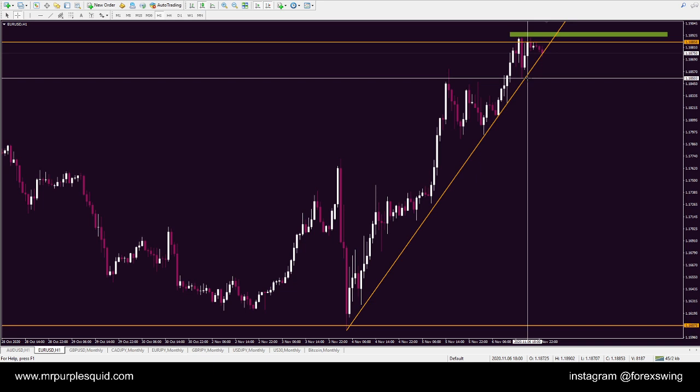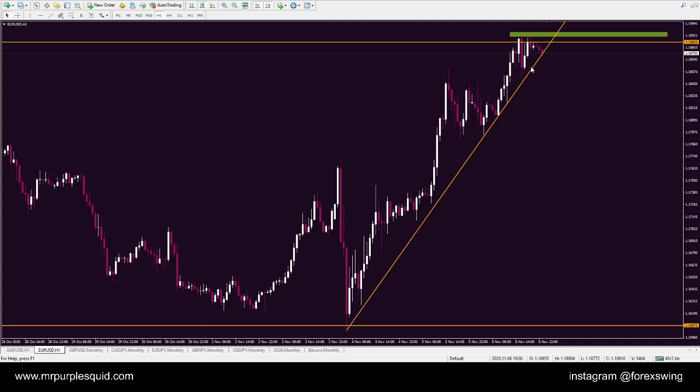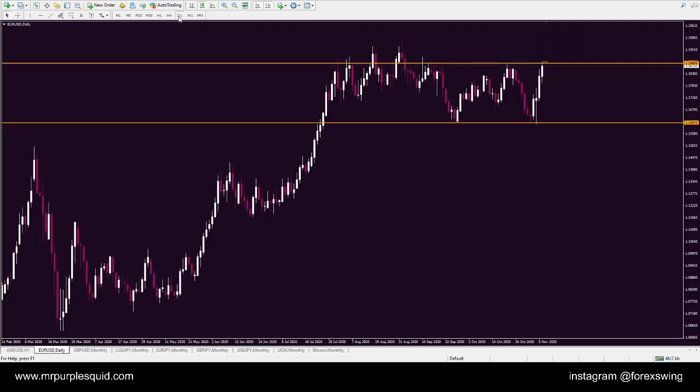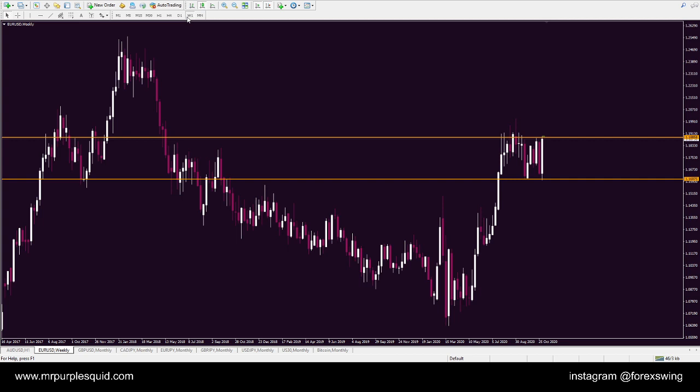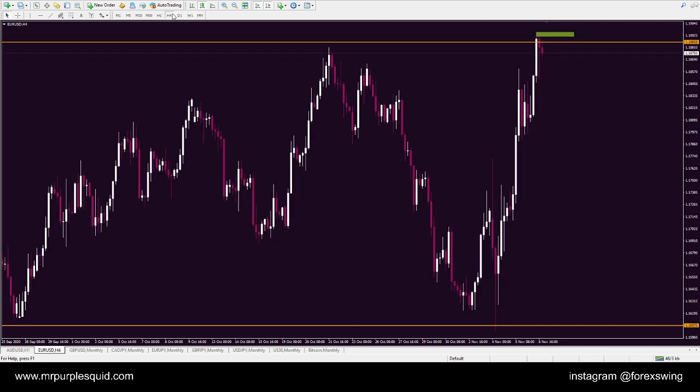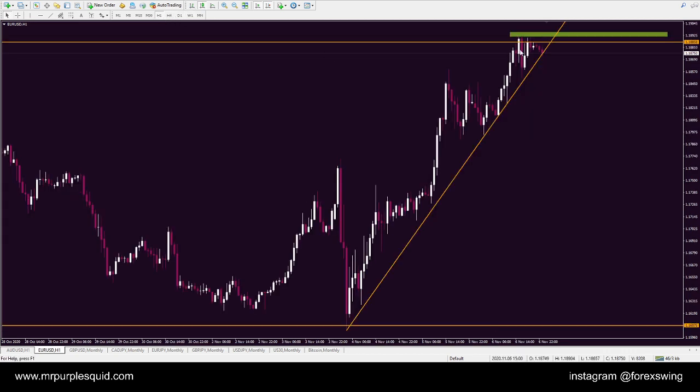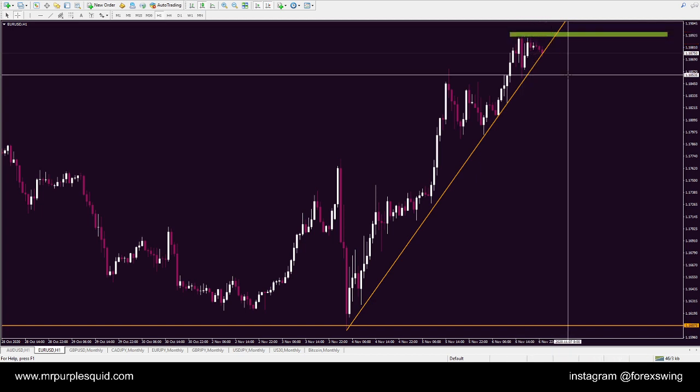So for USD, strong break above here, I would buy. Not sure I'm interested in this sell for now. No. Nope. Not interested in NSL for now. So strong break above this here, right here, I would buy.